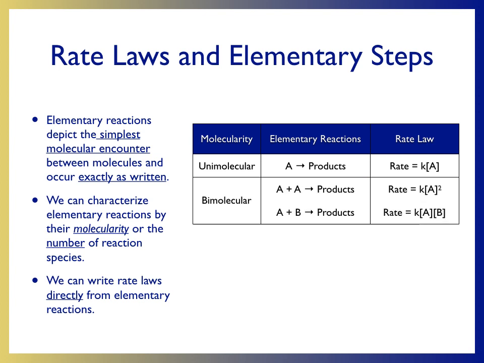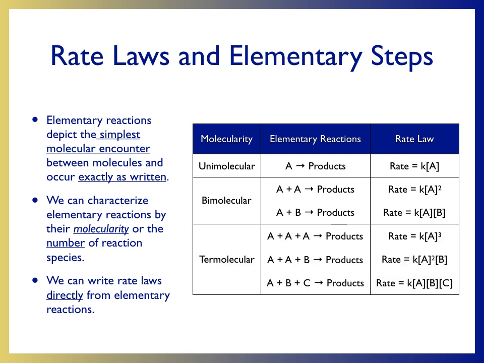We can also have bimolecular elementary reactions where 2 molecules collide to form products. Those 2 molecules can be the same or they can be different. The third type that you might see are termolecular elementary reactions, where 3 molecules collide to form products. Again, those molecules could all be the same or they could all be different and anything in between.